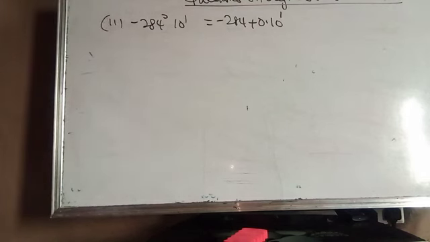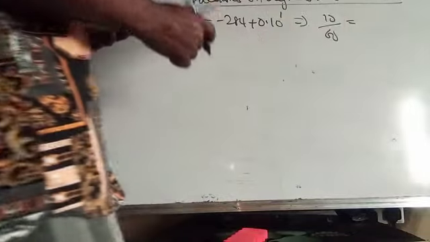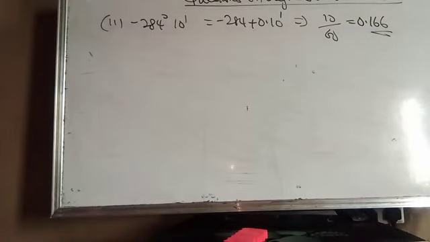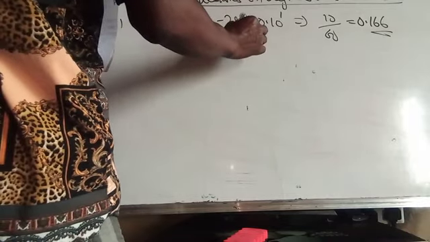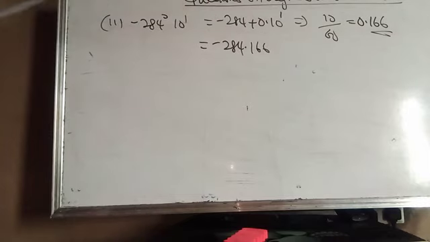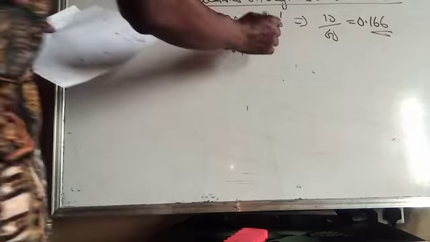To convert from minutes to degrees, like I've just told you, you divide by 60. So 10 all over 60 is 0.166. Adding 0.166 to the whole number, you have minus 284.166 degrees.